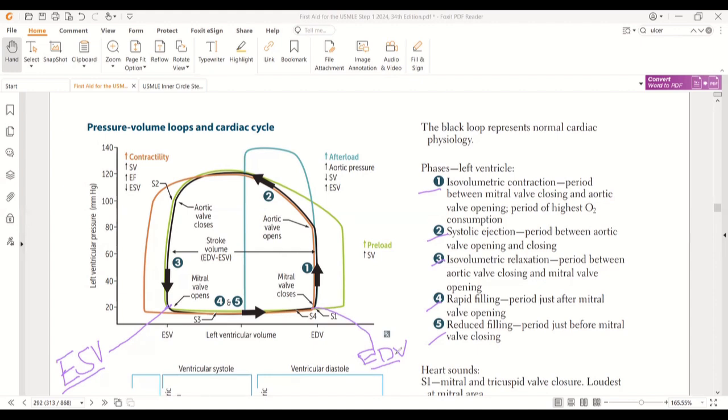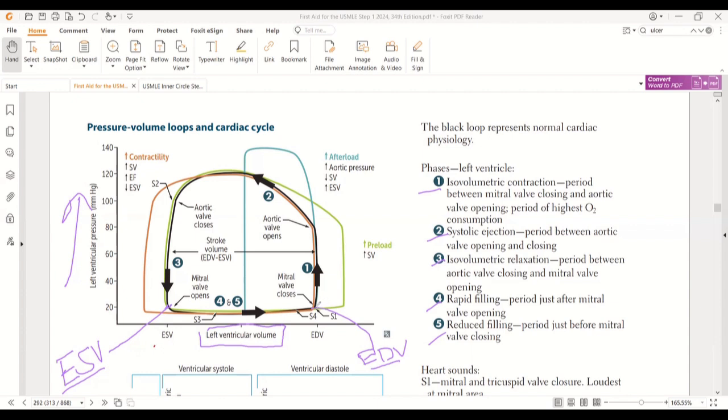Stroke volume is basically end diastolic minus end systolic volume. This is the x-axis and this is the y-axis. On the y-axis, we have left ventricular pressure, and on the x-axis, we have volume.